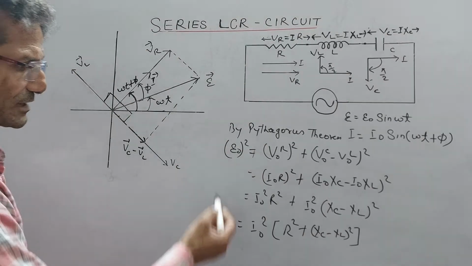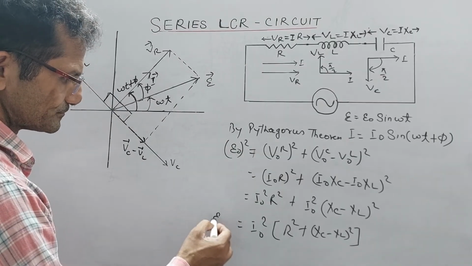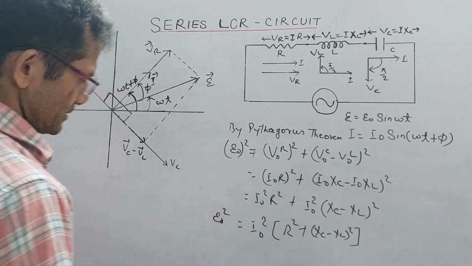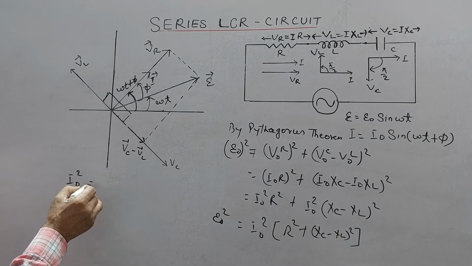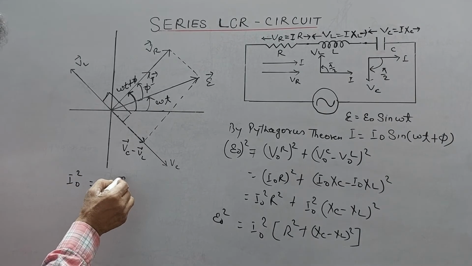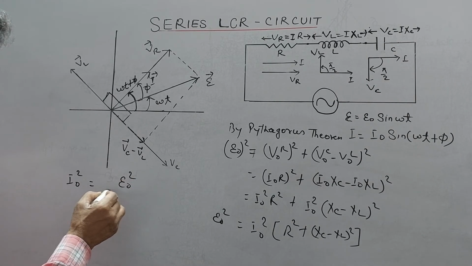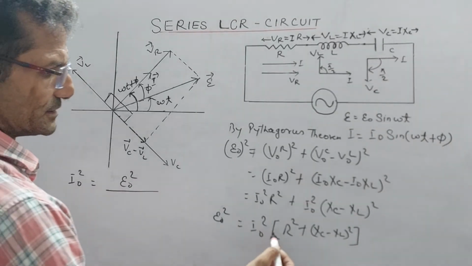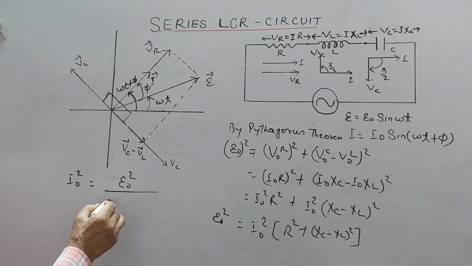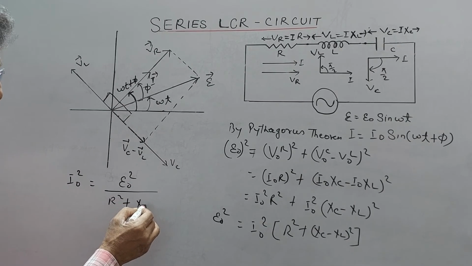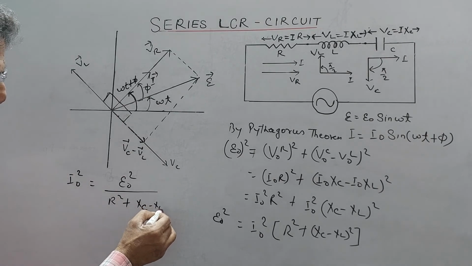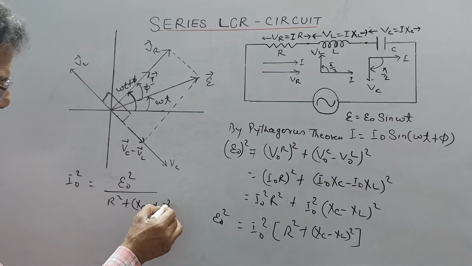Now after calculating this one, I naught whole square is equal to the square of the applied voltage vector divided by R square plus XC minus XL whole square.